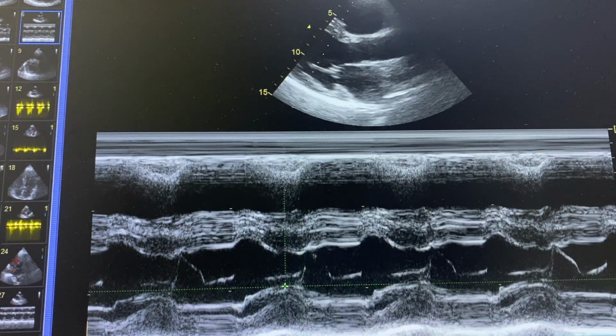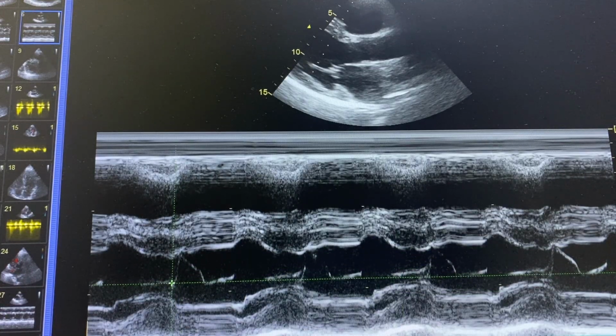Clear? So you see here in systole, it comes like this and it stops somewhere here. So you measure from there up to here. That is in systole. So next thing we can measure is EPSS.